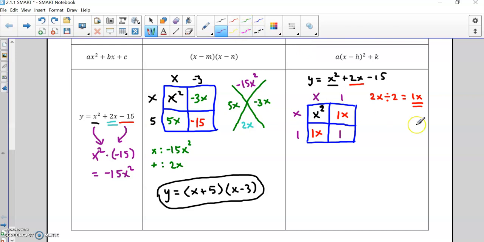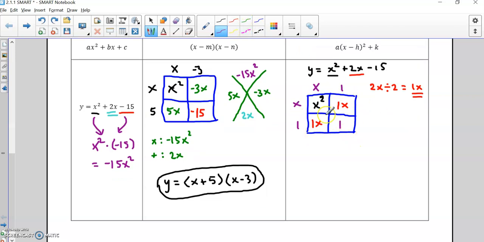Now, at the end of this process, our end goal was to get all of these terms in this equation. Now we have x squared, we have 2x, but we don't have negative 15. Instead, we have 1. That's a little bit of a problem.